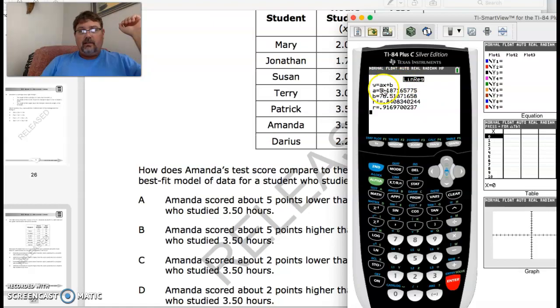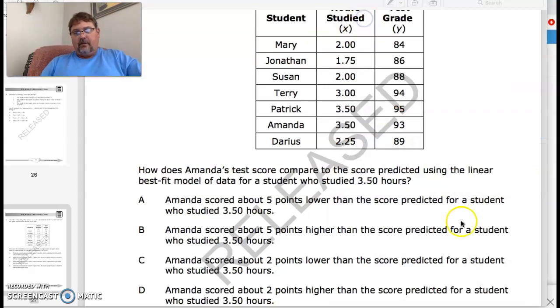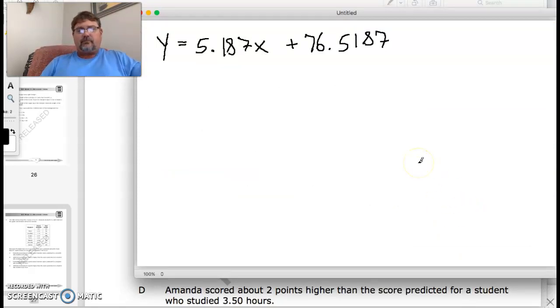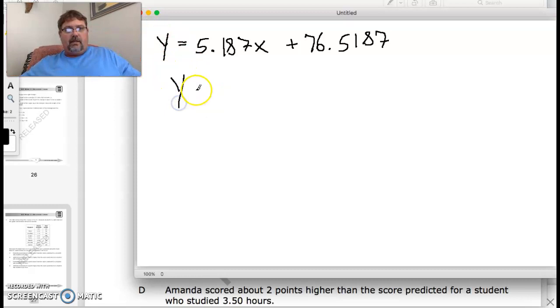There's my m, there's b, so I can build my model, and I've already done that on another piece of paper here. So I wrote my model down. And basically what they're asking me, what does the model predict for studying of 3.5 hours compared to the actual data point? So let's see what the model predicts for Amanda. So what goes in our model is study time.